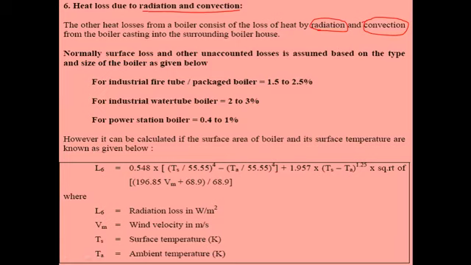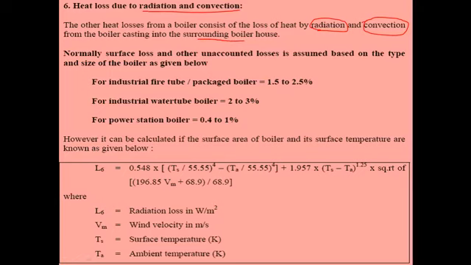In convection, the hot substance gives heat to some surface, it heats it, and then from the other side of that surface some cold fluid takes heat, so it is known as convection. So by radiation as well as convection, there are heat losses.